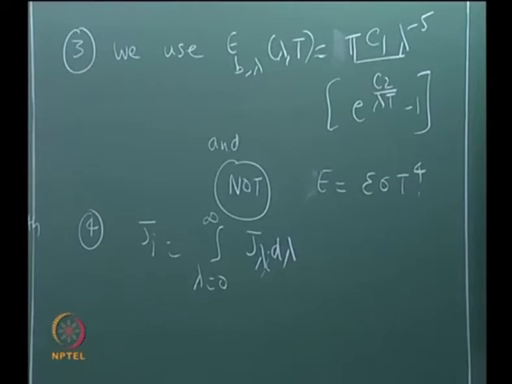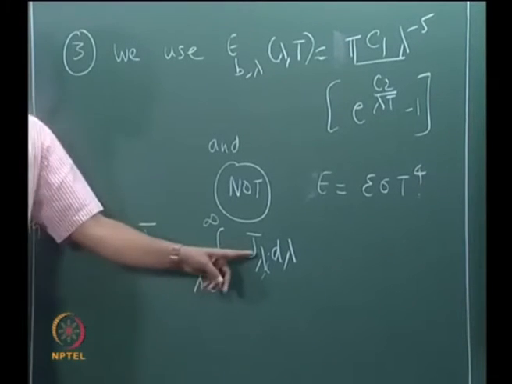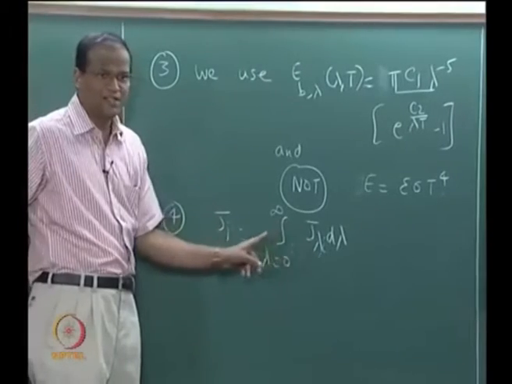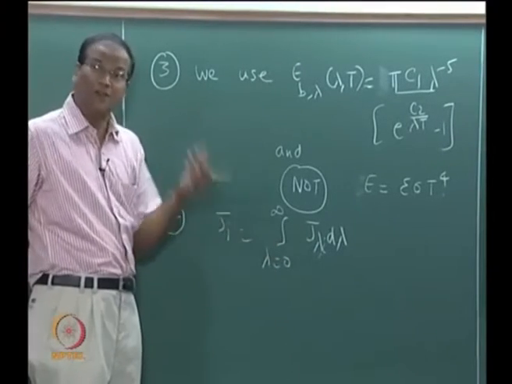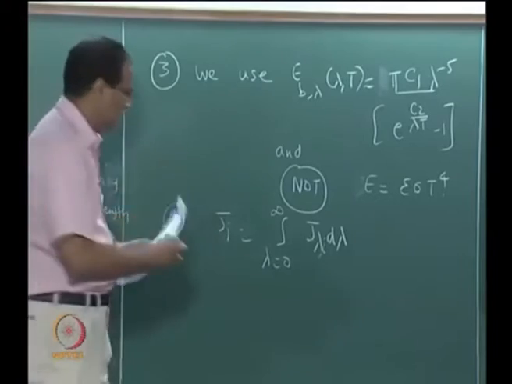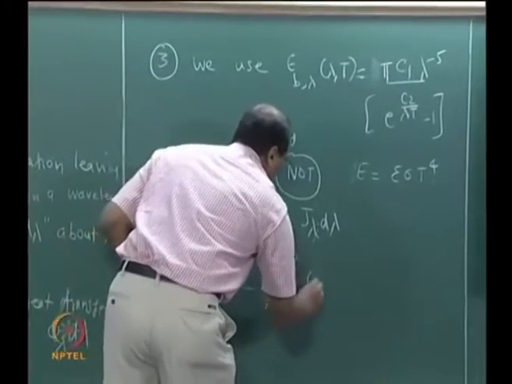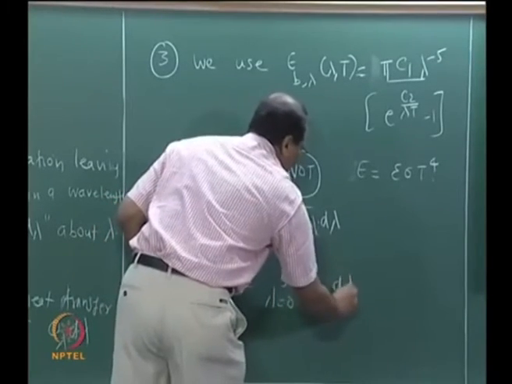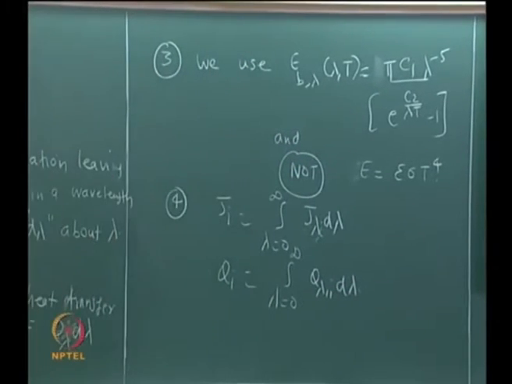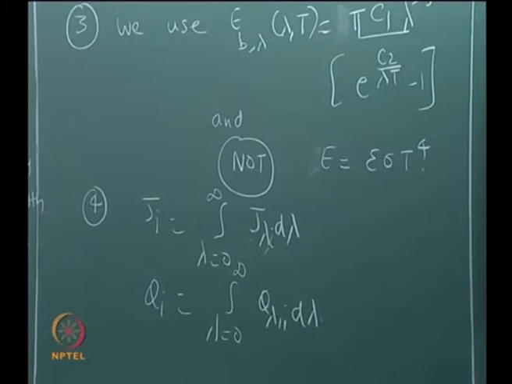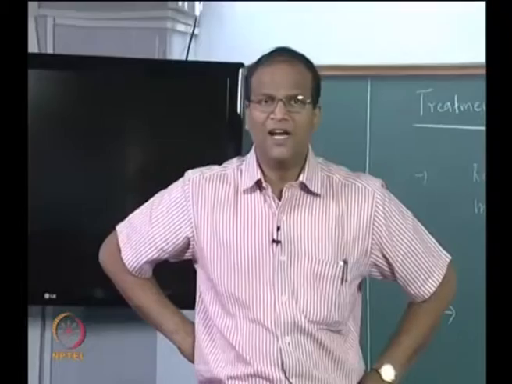So this makes it the spectral radiosity formulation. If you want to get the total radiosity which we have defined earlier, it has to be done. Similarly Q_i is the integral from lambda equal to 0 to infinity of Q lambda i d lambda. Fine. So this is for getting the radiosities.